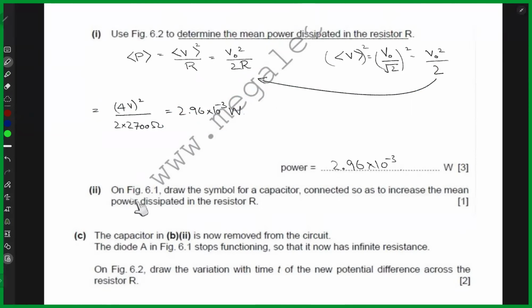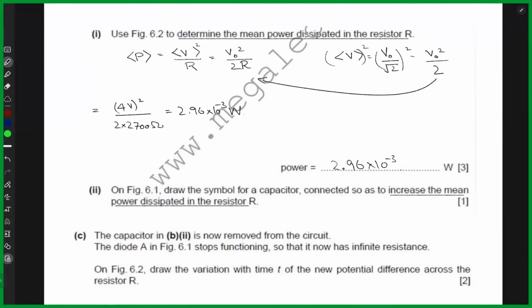Okay. On figure 6.1, draw the symbol for a capacitor connected so as to increase the mean power dissipated in the resistor. So we want to connect a capacitor to increase the mean power that is dissipated in the resistor in the form of heat.